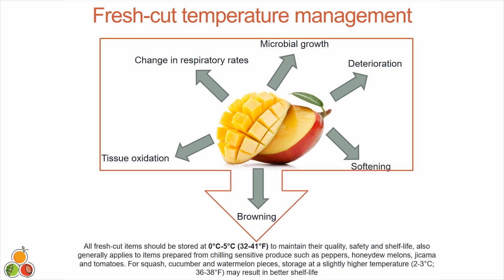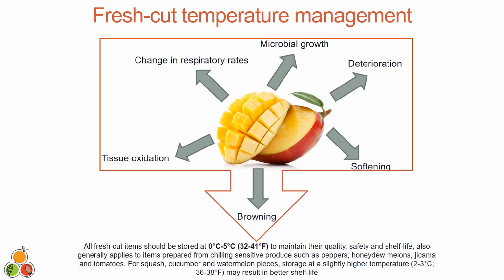Therefore, it's recommended that fresh cut items be stored between 0 and 5 degrees Celsius, regardless of whether they are categorized as temperature sensitive or not, with some exceptions, of course. Marita and everybody here can contribute on why those exceptions might be there.